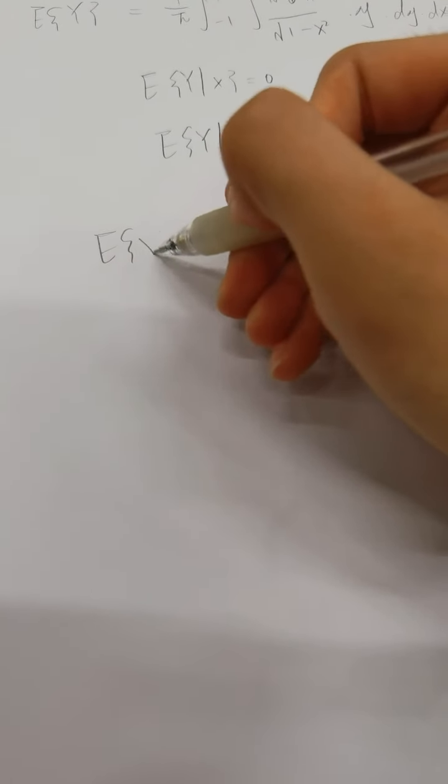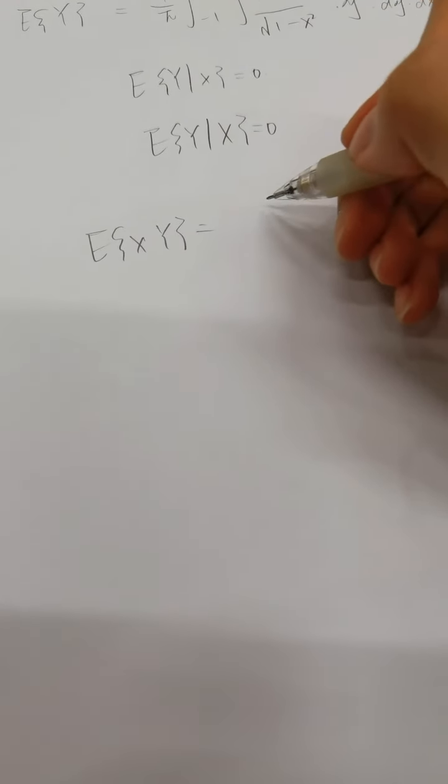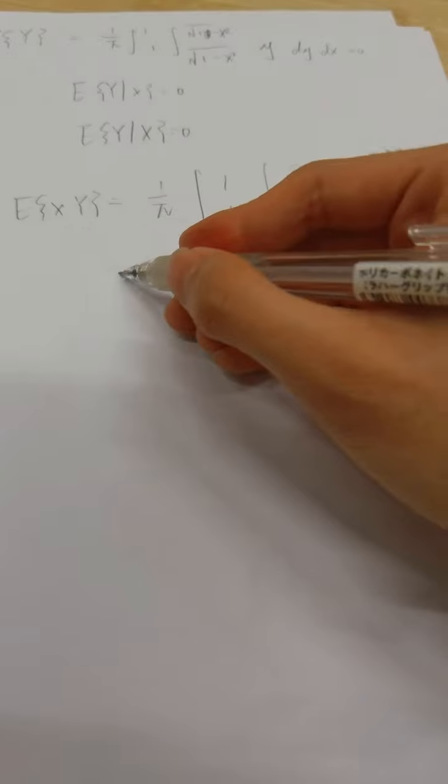And using the same idea and the same theorem, we can prove E[Y | X] is 0 also. For the last part, E[XY], we need to use the formula: 1 over pi, integral from negative 1 to 1, and negative square root of 1 minus x squared to square root of 1 minus x squared, of x times y dy dx. This is just the formula we can calculate. I ignore the process of integration, which equals 0 also.